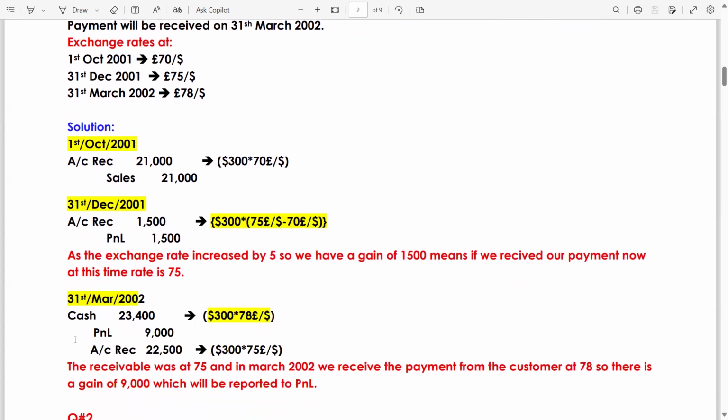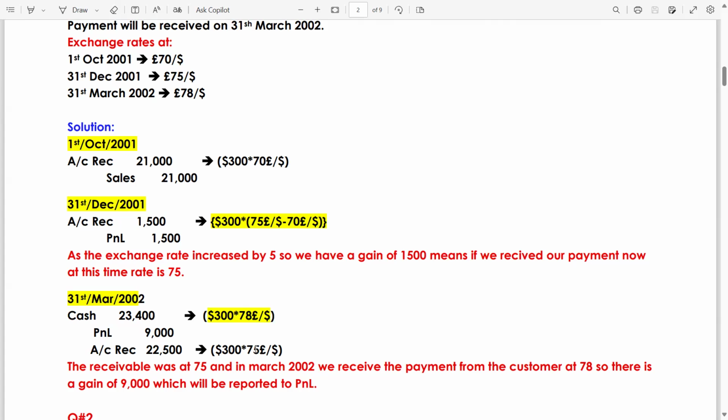Now come to the 31st March 2002 payment received date. Here I debit the cash because we are going to receive the cash from the customer. At this date, the exchange rate is 78. So 78 multiplied by 300 is 23,400. The account receivable is 300 multiplied by 75.